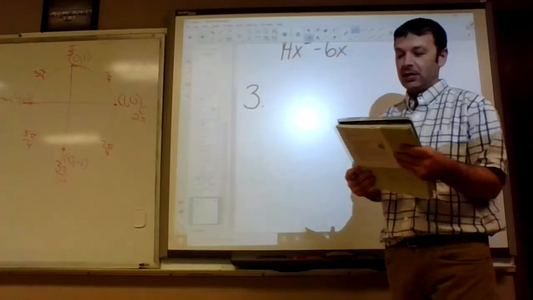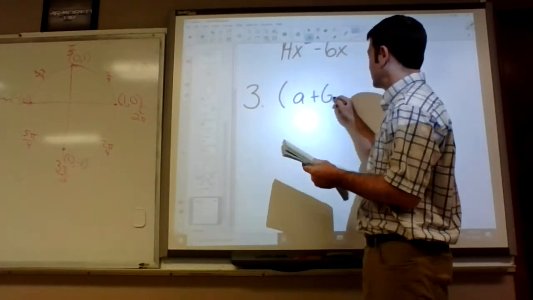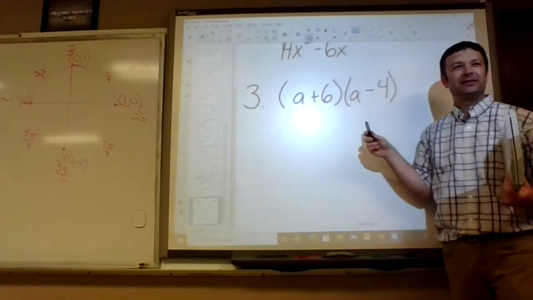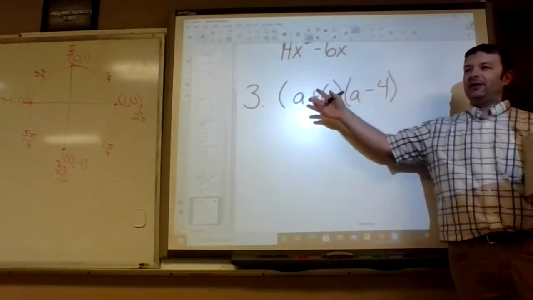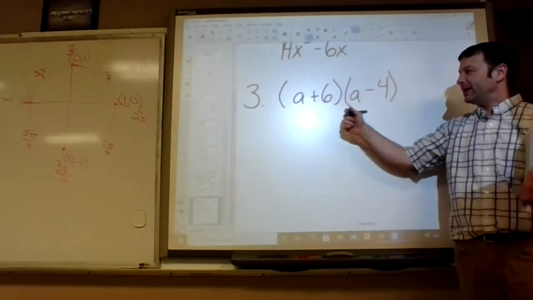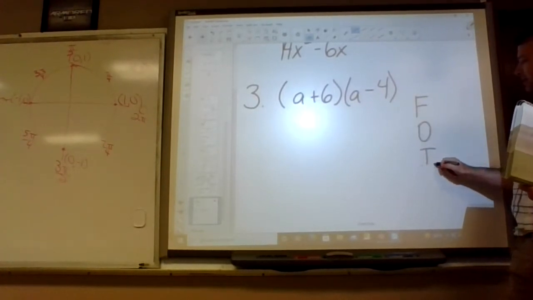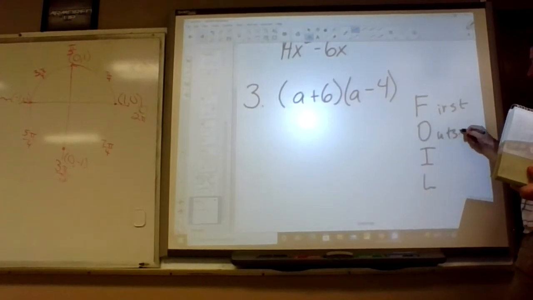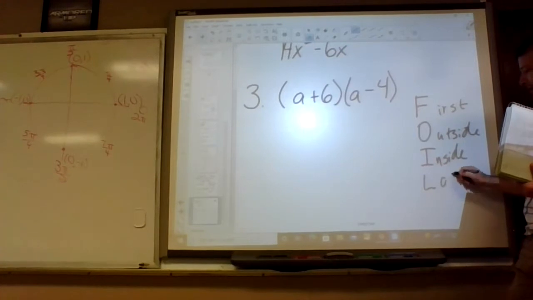Number 3, what kind of problem is this? Well, there's another name for it though. Double multiply. FOIL: first, outside, inside, last. If you have 2 terms times 2 terms, you need to multiply the first, the outside, the inside, and the last.